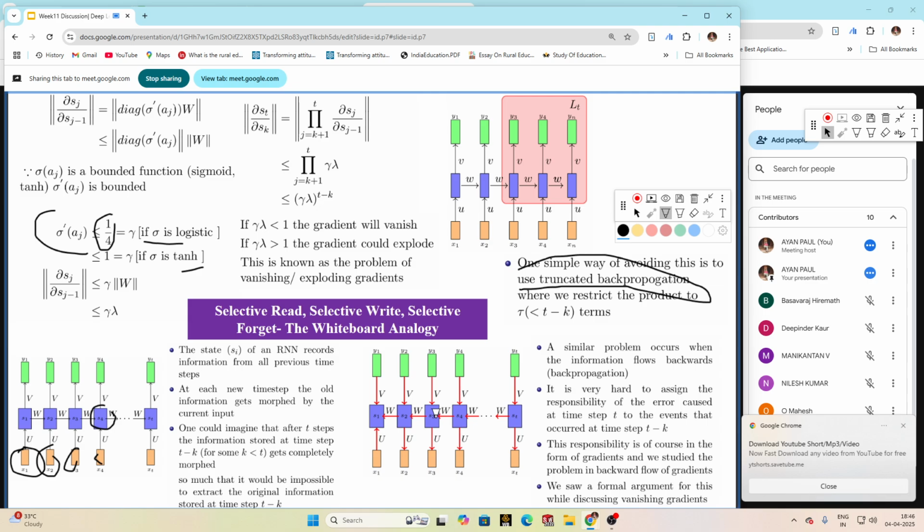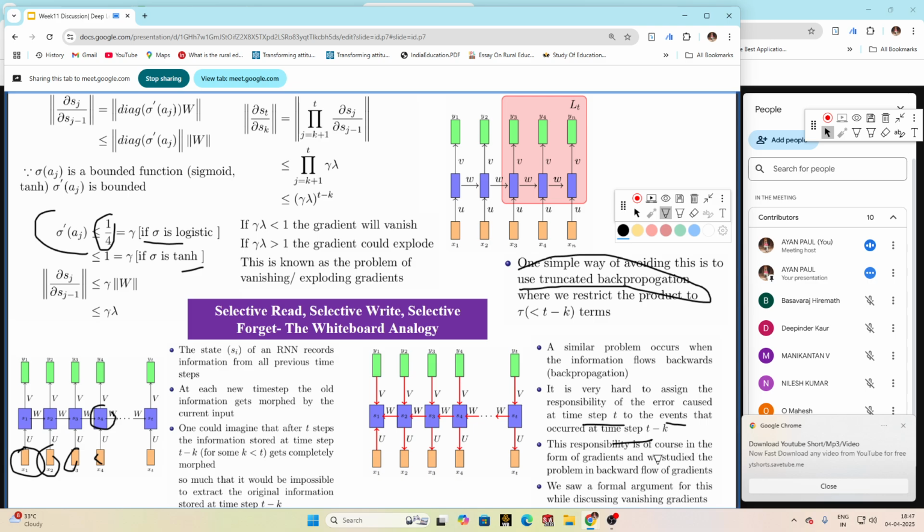But as in each layer we are bombarding the new input, it is very hard to assign the responsibility of the error at time step t to the events that occurred at time step t minus k.